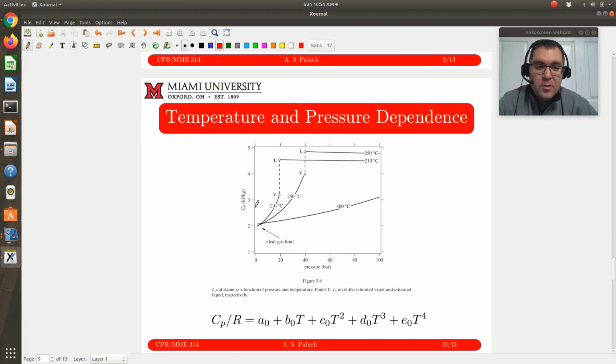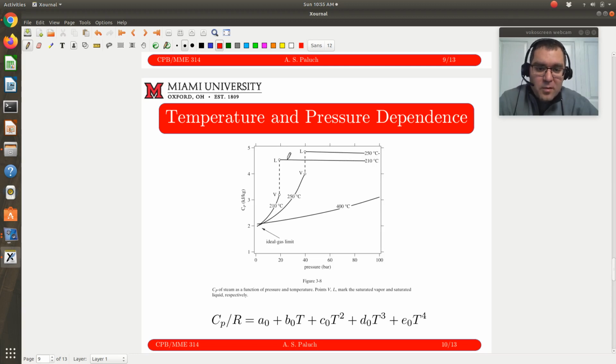All right, so in general, if I look at dependencies of heat capacity, these horizontal lines up here show Cp as a function of pressure. These horizontal lines correspond to a liquid phase. And just like many properties for liquids, we can often assume they're incompressible, and so many properties are insensitive to pressure.